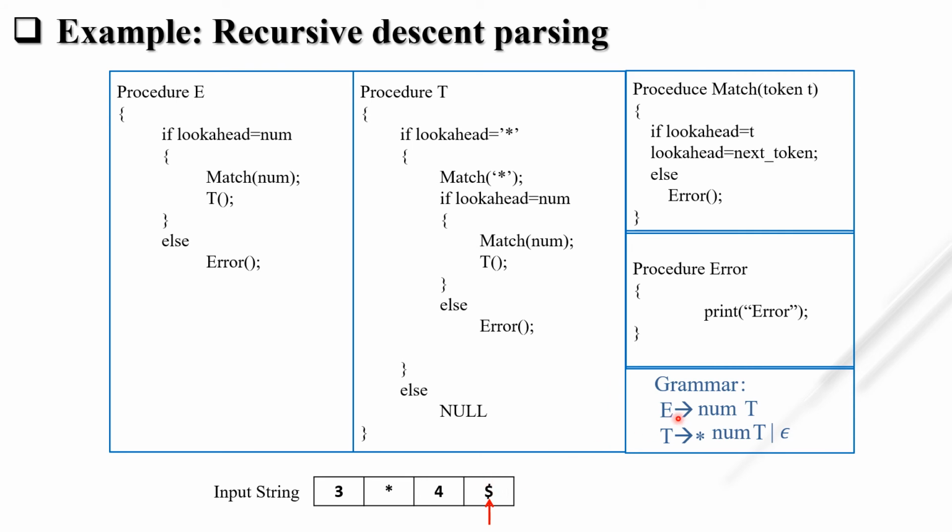Since production E at last ends with T, in procedure E we have some procedure for dollar. What is the procedure for dollar? If lookahead equal to dollar, then declare success, else error. So as lookahead equal to dollar, we declare success.